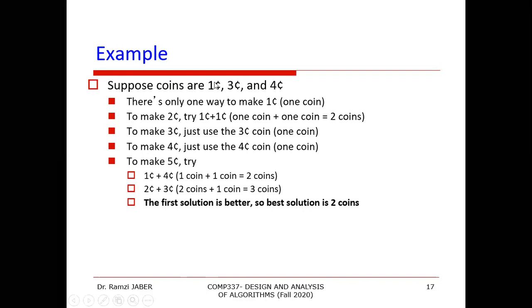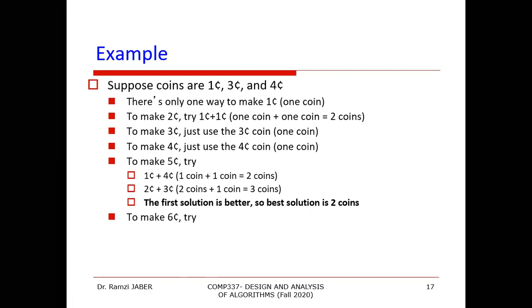As you can see, we have 1 cent here, we have 4 cent here. So to get 5, we use only 2 coins, not 3 coins like this. Okay, this is how the dynamic programming algorithm works.